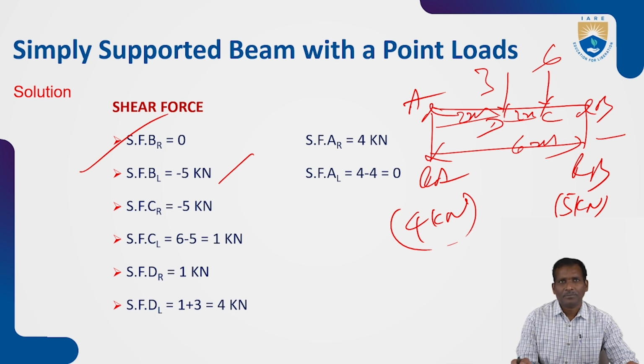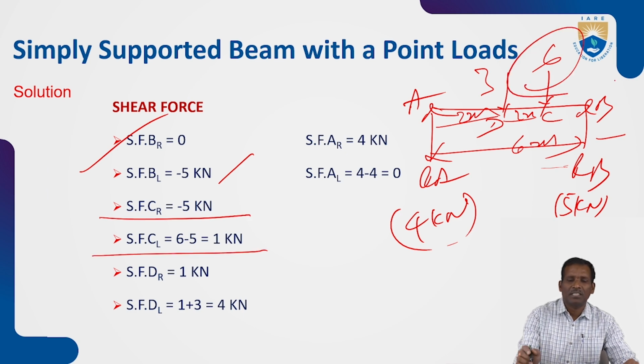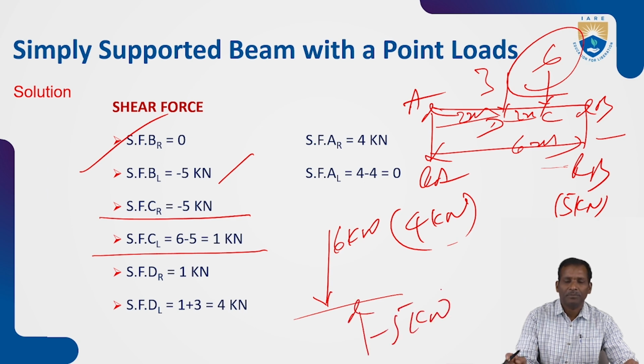Up to C, the B left value of minus 5 kilonewtons remains constant. At C, immediately the vertical load acts, that is 6 kilonewtons downward force, and here the upward force is minus 5 kilonewtons.